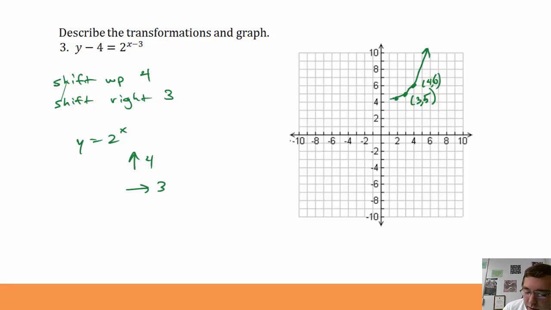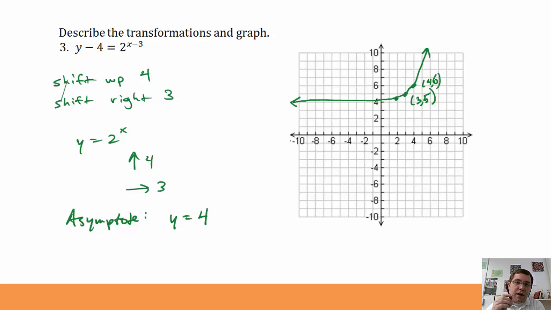But instead of approaching the x-axis, it's now going to approach and have an asymptote of y equals 4. So I have shifted the asymptote up 4. It was at y equals 0, now it's at y equals 4.